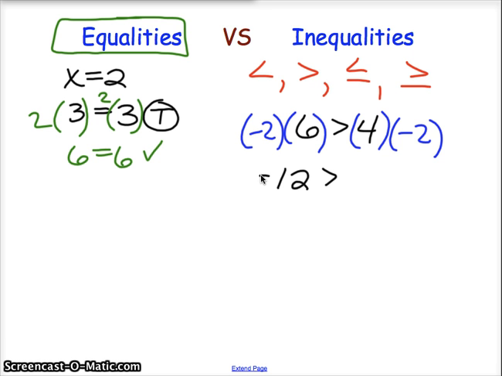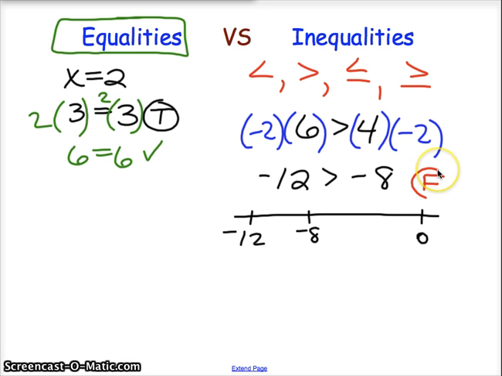If I kept this inequality the same, you'll get negative 12 is greater than negative 8. I want you to think about a number line here. The farther away you are from 0, the smaller the number. So here's negative 8, here's negative 12. Negative 8 is actually the larger number. Negative 12 is the smaller number. Therefore, negative 12 is actually less than negative 8. This is a false statement.